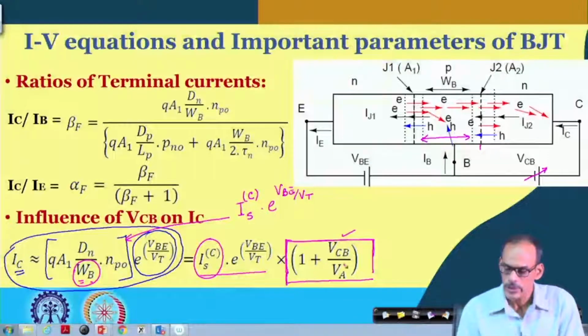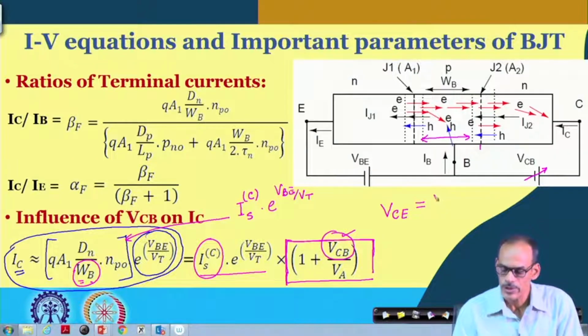Further to that, for circuit convenience, instead of considering this as a function of VCB, we prefer to consider it as VCE, because VCE of course is not the same as VCB, which is VCB plus VBE, and for all practical purposes if we change this VCB or VCE, this part is almost remaining constant, quote and unquote constant.